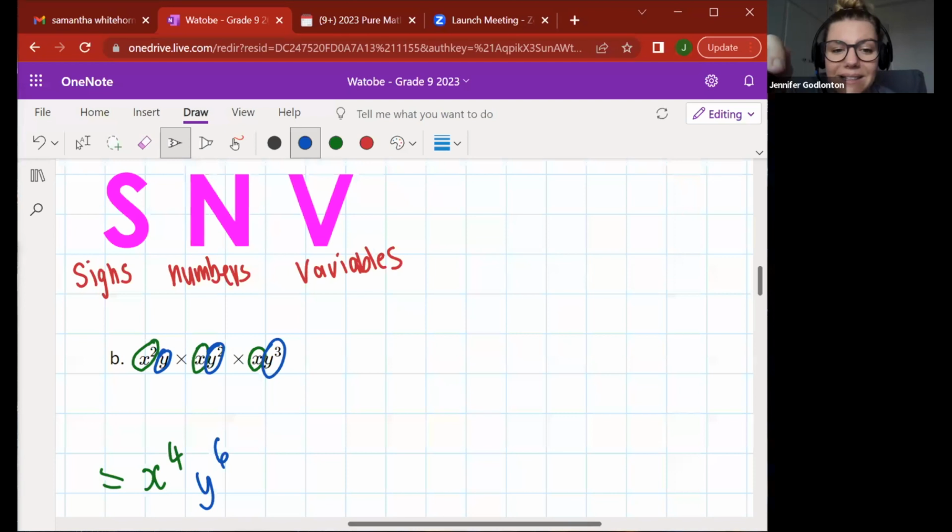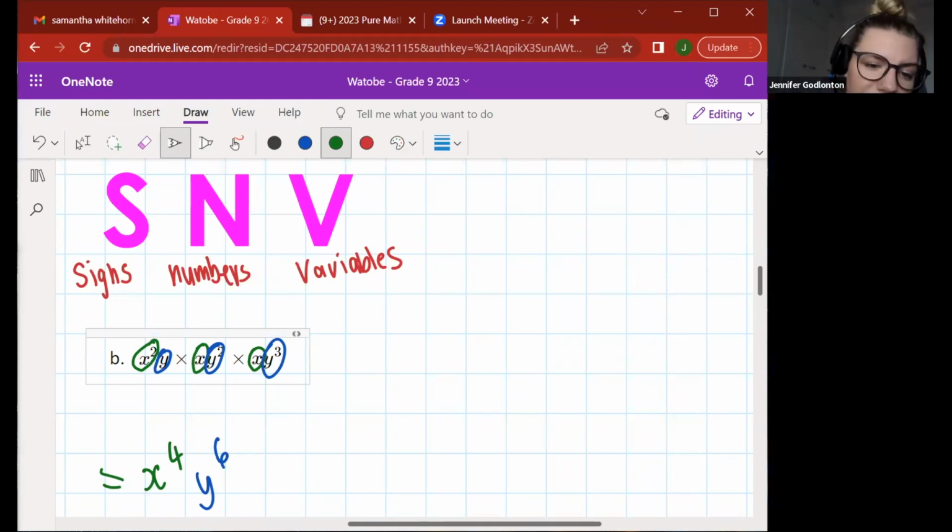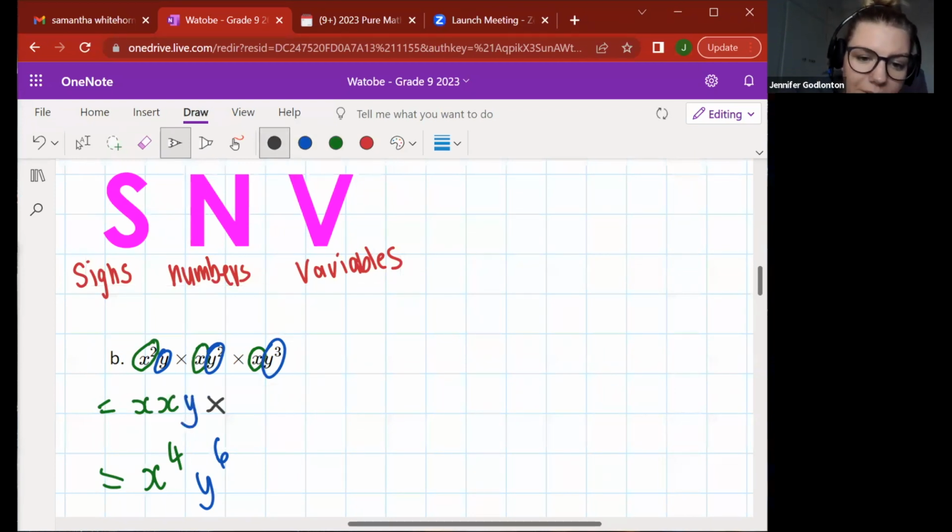But remember, guys, whenever you are in doubt, you can use the longer way and write it out and see what happens. So in this first one, you've got 2 x's and you have got 1 y. Okay, then we're timesing that by 1x and 2 y's.